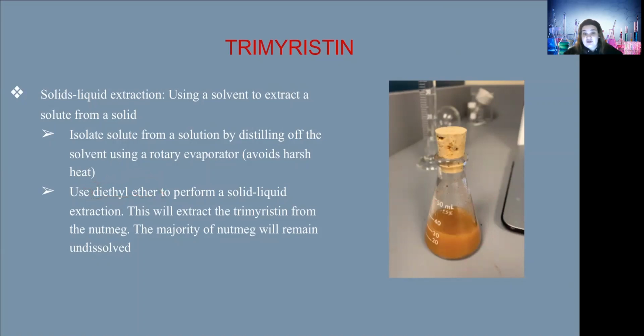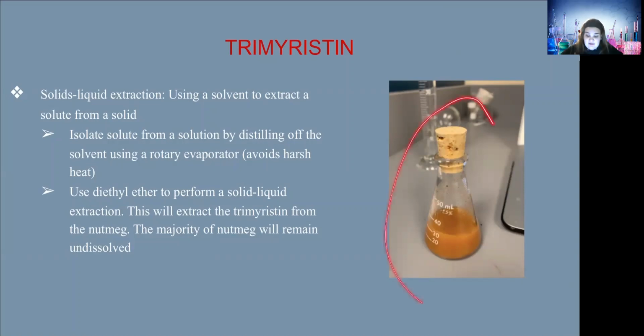Now, nutmeg, the majority of it does remain undissolved. However, nutmeg does have some components in it which will also dissolve in that diethyl ether. So it's not just trimyristin that we're dissolving. Ultimately, we're ending up with crude trimyristin. That's what we're going to be working with, okay?